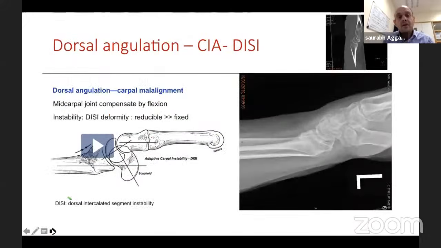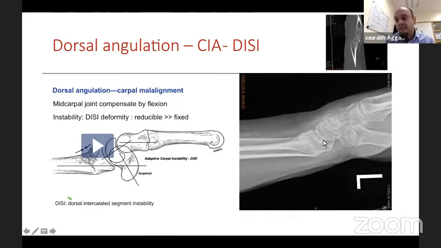And then again, just one more take home message. So same X-ray from the last case, you can see there's a significant dorsal malunion. Lunate always goes where radius is going. So lunate will point in the direction of radius. It's the mid-carpal joint. It's the scaphoid which flexes, which tries to adapt to the new home, if you like.